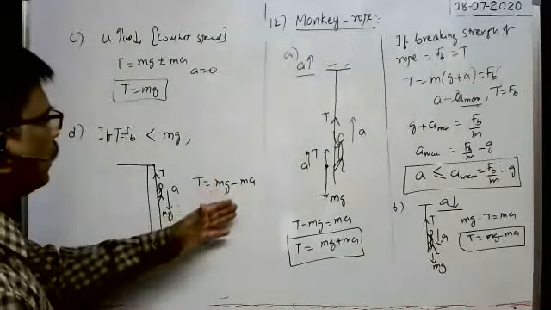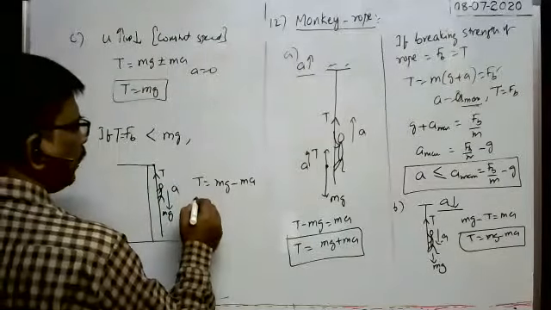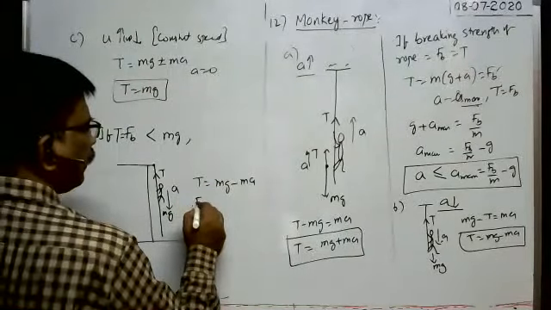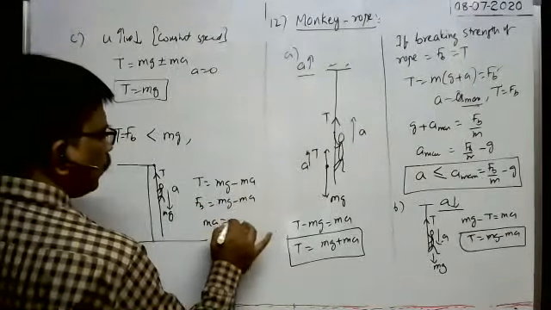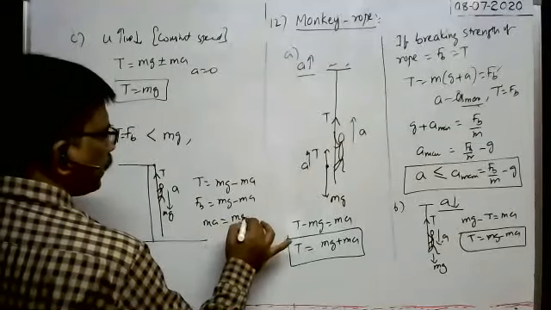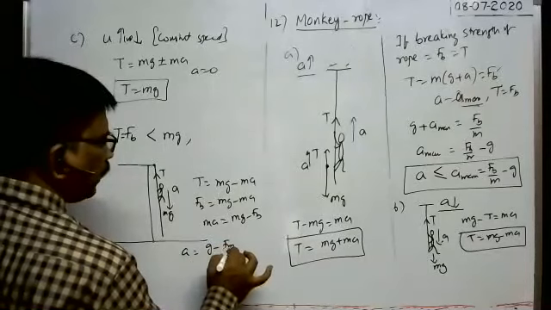Taking the tension equal to the breaking strength Fb, Fb is equal to mg minus ma. So ma is equal to mg minus Fb, or a is equal to g minus Fb by m.